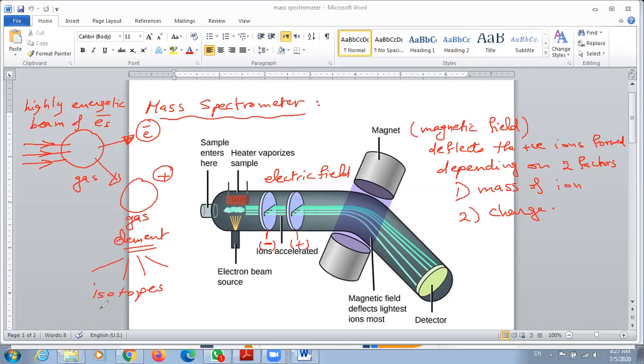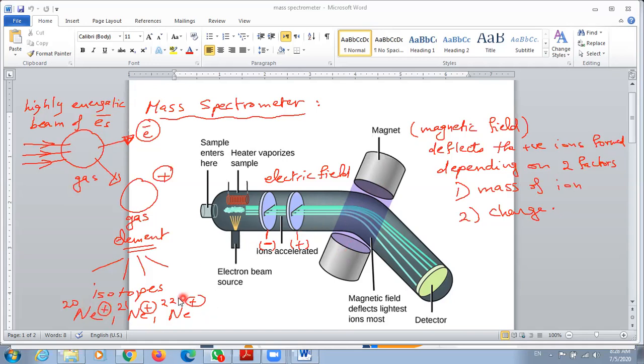For example, neon 20, neon 21 and neon 22, we have 3 isotopes of neon. Each one of them is now in the form of a positive ion. All the different isotopes are going to be present here to be introduced to the magnetic field.